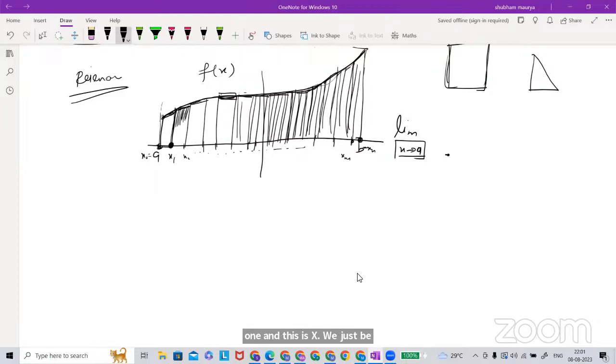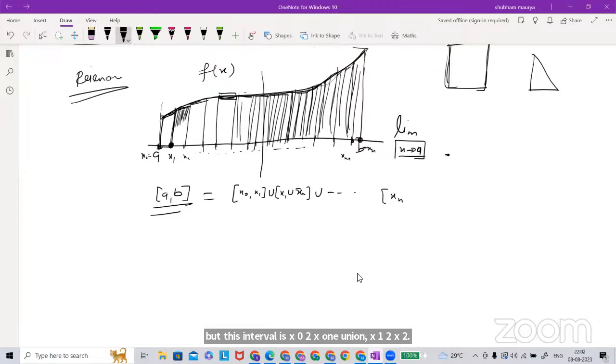So our interval is a to b, but it is broken into x0 to x1 union x1 to x2 union, like this, up to x(n-1) to xn.